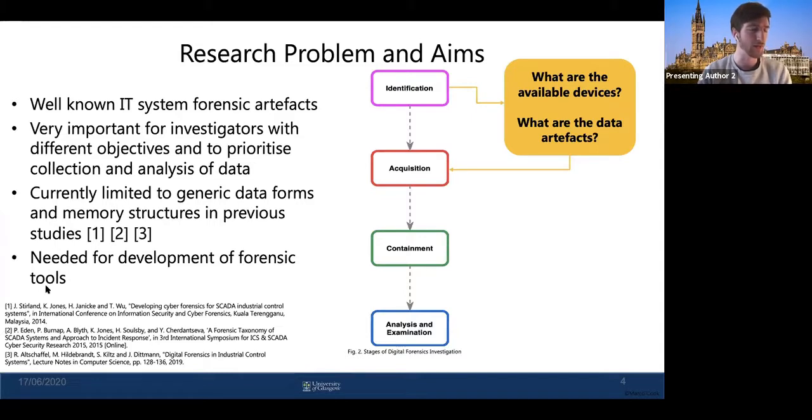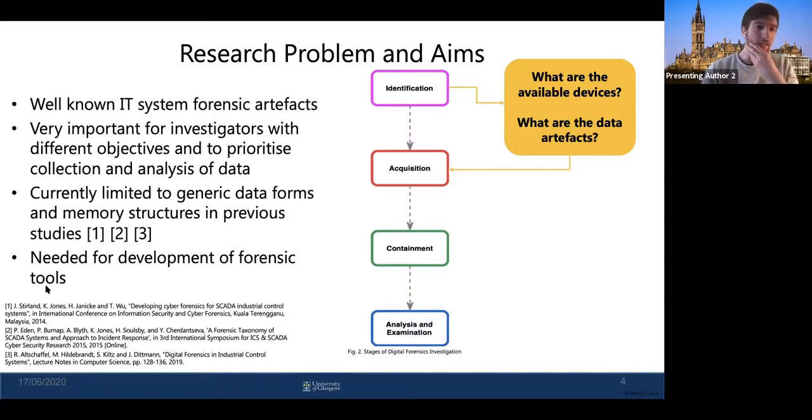And because we understand what these artifacts are and we understand their inherent architecture and structure, forensic investigators can make clear predictions and underlying assumptions as to what information this data could potentially yield and why these artifacts are particularly important. In this study, I should note that we define an artifact as a piece of data or an object which has some potential evidential value within a forensics investigation.